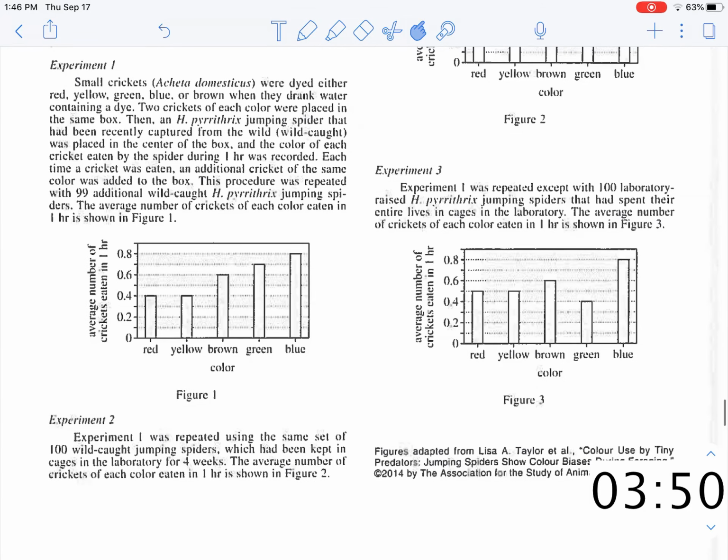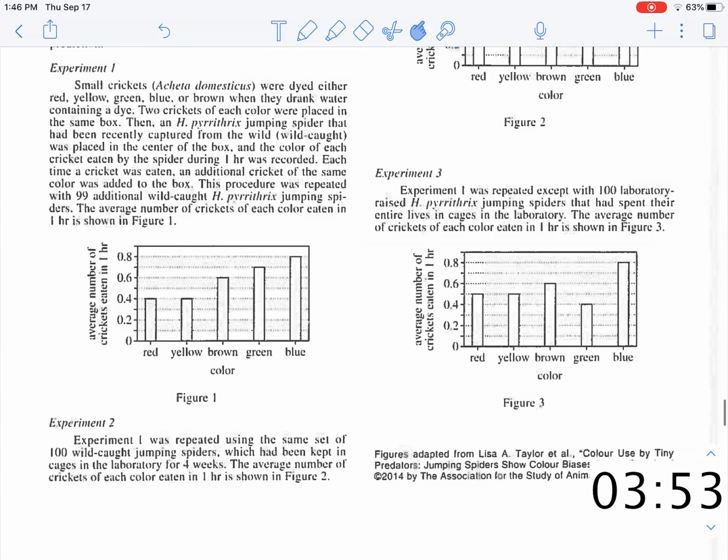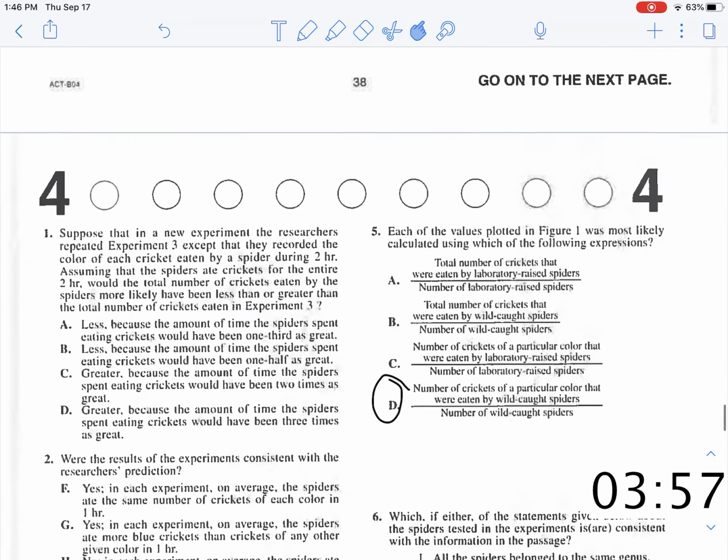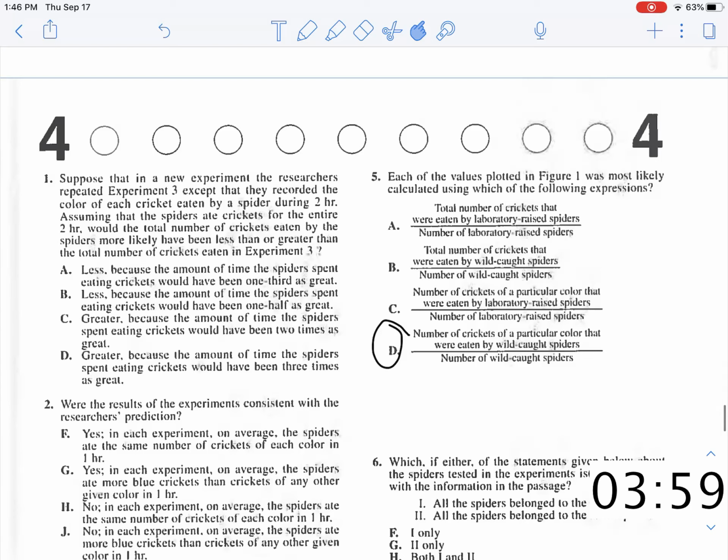Yeah, what do they do? They just stuck them in there for an hour. Would the total number eaten be greater because of the amount of time that they spent? Yeah, I think that'd be C, because they spent an hour in there. From the description of the study, that's what they did.